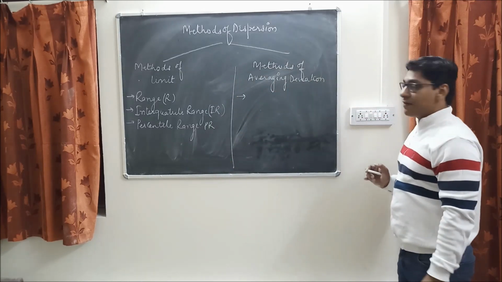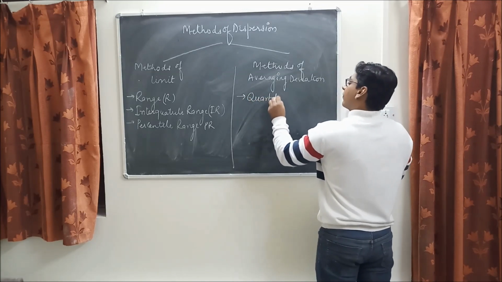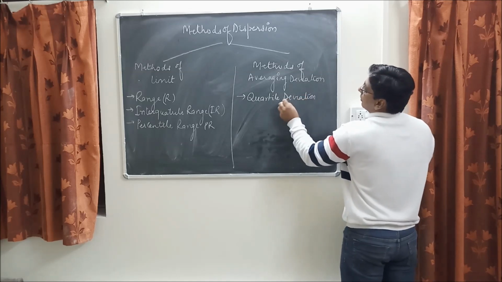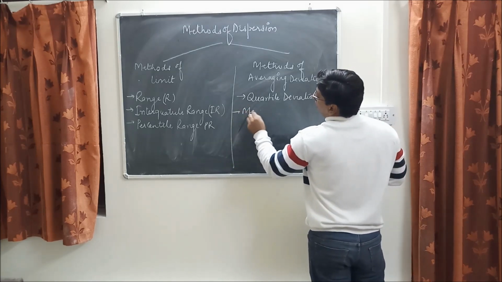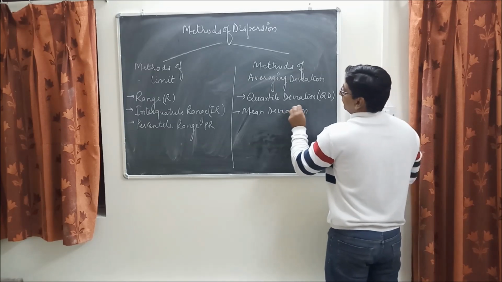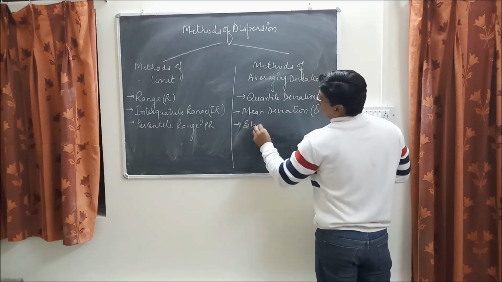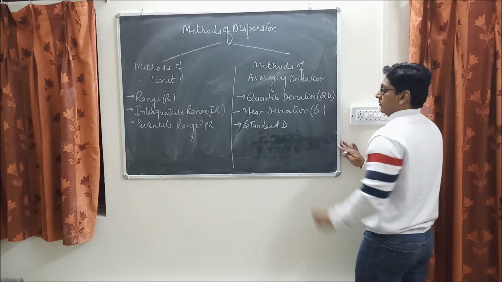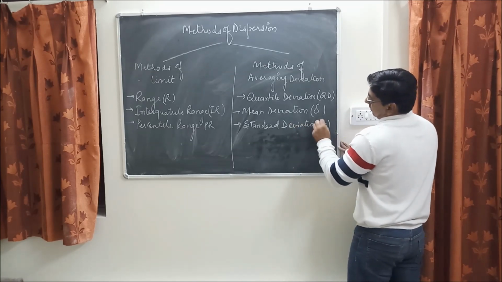In methods of averaging deviation, quartile deviation is QD, mean deviation delta, and standard deviation is sigma.